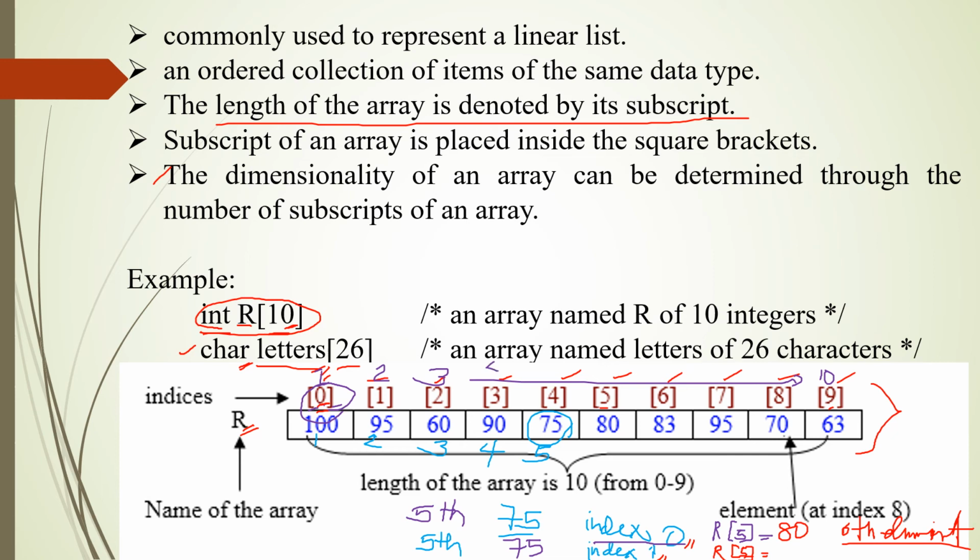Very good. If you start at index 1, then the element at index 5 would be 75.